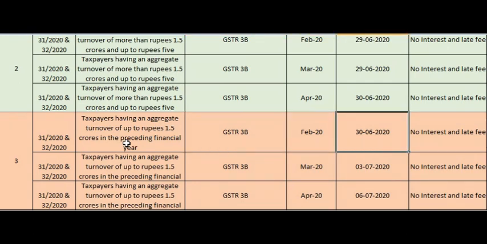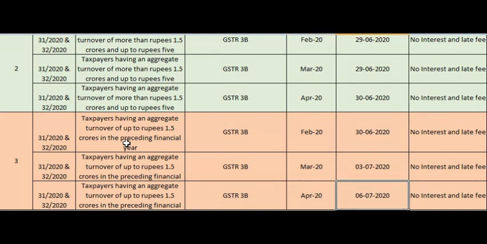Please remember, if the GSTR 3B is filed after these dates, then interest will be leviable and the late fee shall also be leviable, and the late fee shall be levied from the day after the due date till the date on which the return is actually filed.